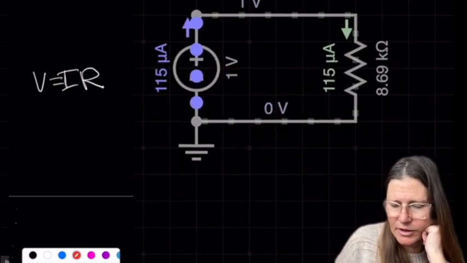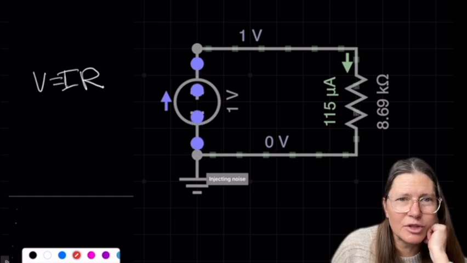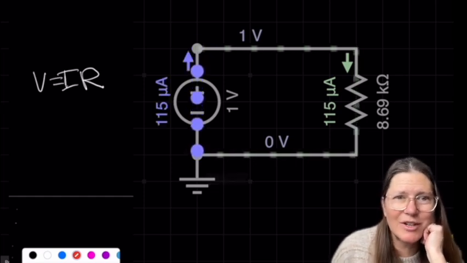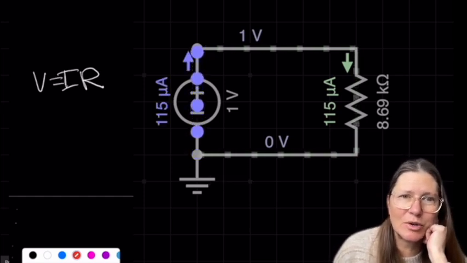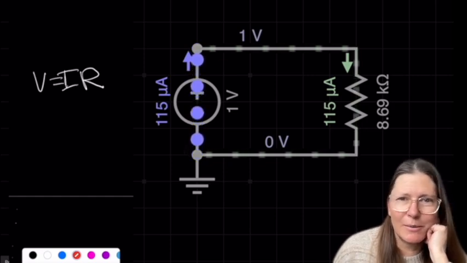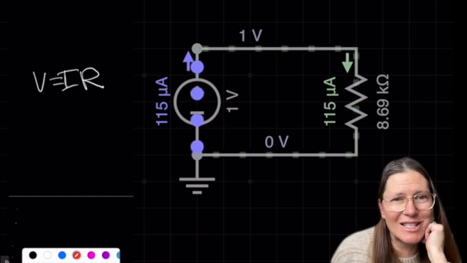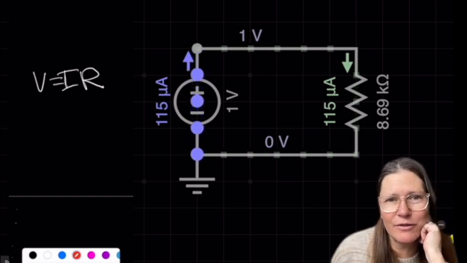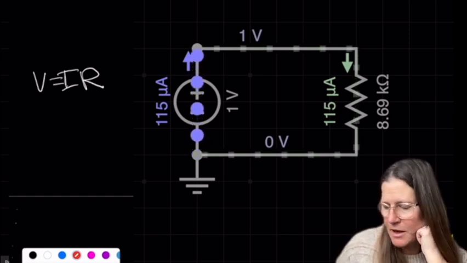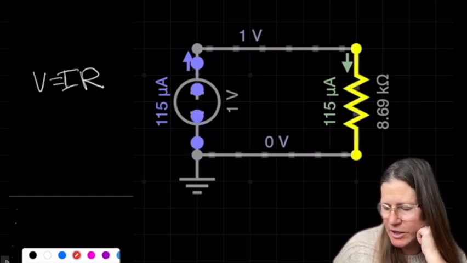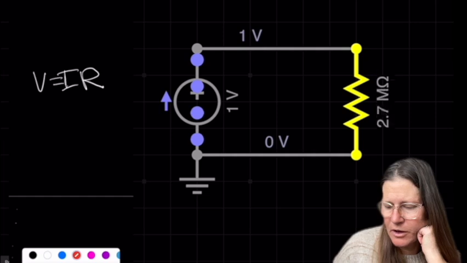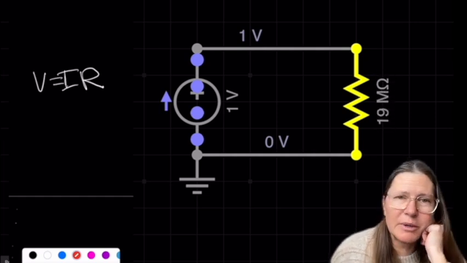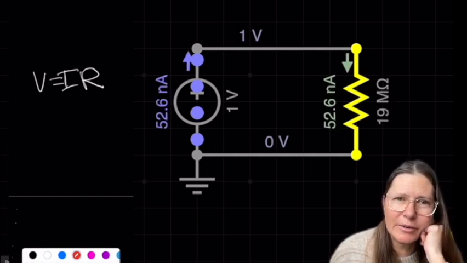In contrast to this, if we have a voltage source, the voltage stays fixed, the current changes. So here you have about an 8.7 K resistor, and you have 115 microamps. As I change the resistance here, so I get really big, you're going to have an even smaller current, going into the nanoamps.